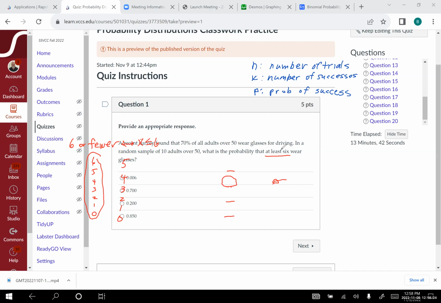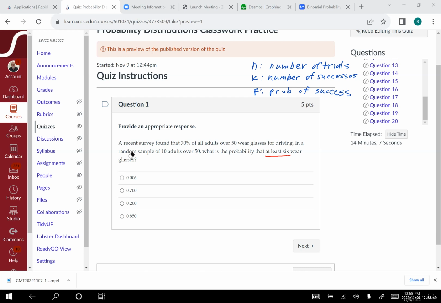I should have gone back and looked at it. Mallory, for the problem that I asked you, you were correct. But unfortunately, I asked you the wrong problem. I said 6 or fewer. This is at least 6. And when we say at least 6, sorry, everybody, I should have taken a minute and just looked back at the problem to make sure I had it right.